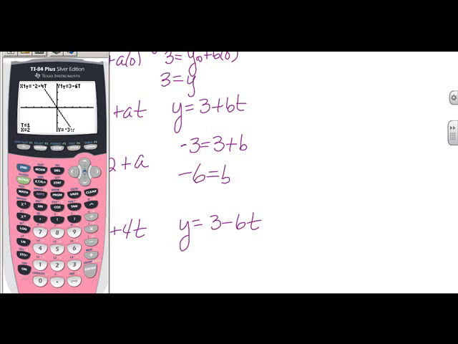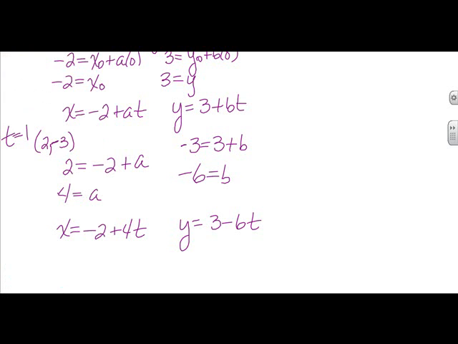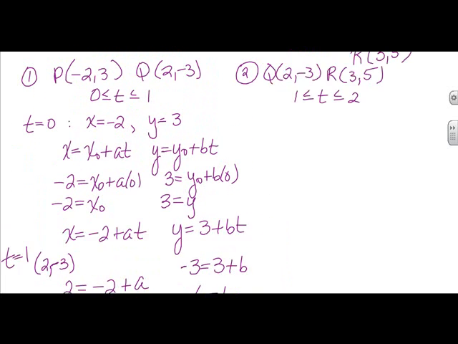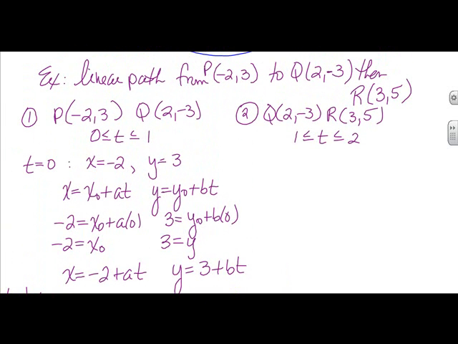So this pair of equations will generate the path from point P to point Q. Now we've got to go back and do the same kind of work to go from Q to R. So when t is equal to 1, I want the coordinates of my point to be 2, negative 3.